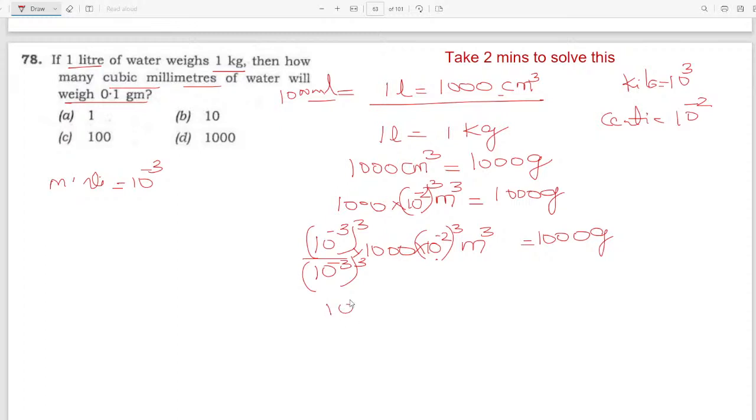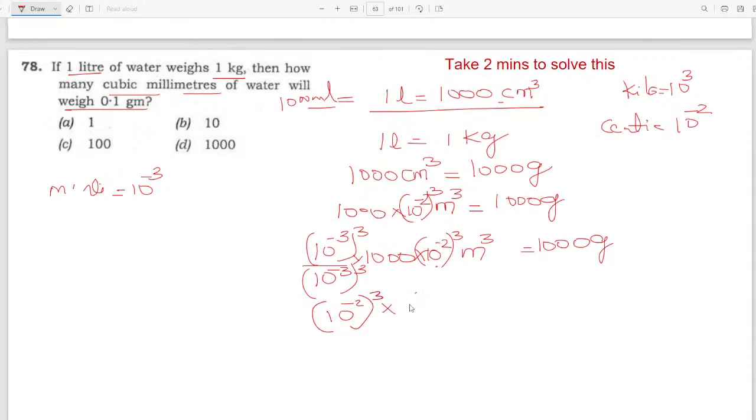This will be 10 raised to minus 2 raised to 3, into 1000, into 10 raised to minus 3, whole cube, into meter cube, is equal to 1000 grams.